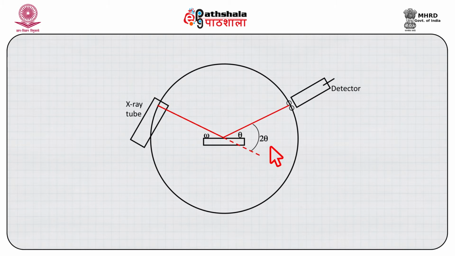In theta instrument, the sample is fixed and the tube rotates at a rate which is some degree per minute, and the detector rotates at a rate of theta degree per minute. This instrument which is used to rotate both the X-ray tube and the detector is called a goniometer.